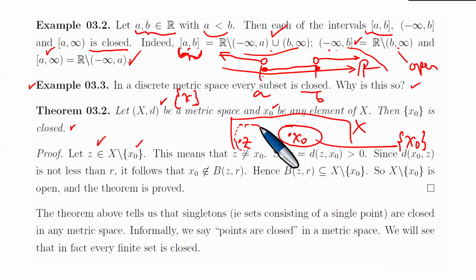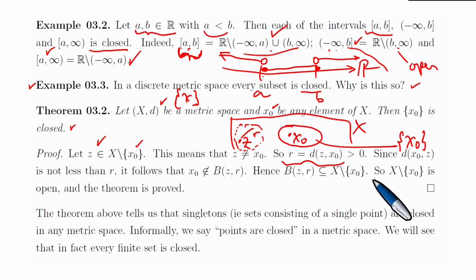Let's look at this. We describe here an open ball of center Z and radius R. This is very important: we took R to be equal to the distance between Z and X0, so that R is positive.